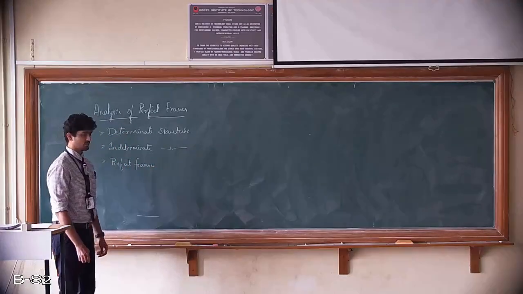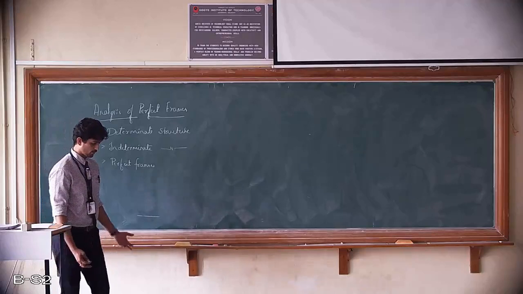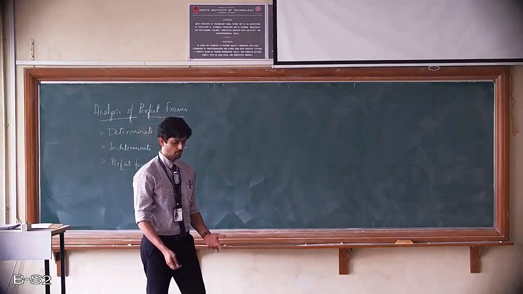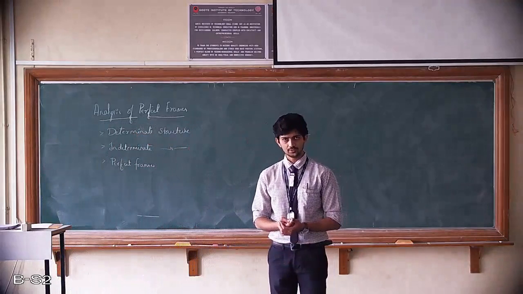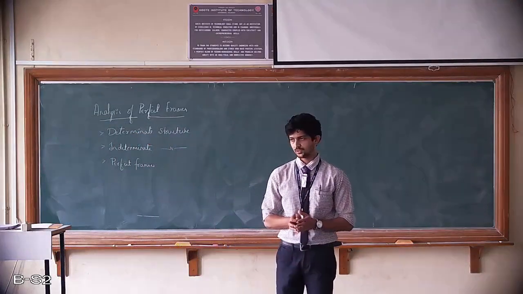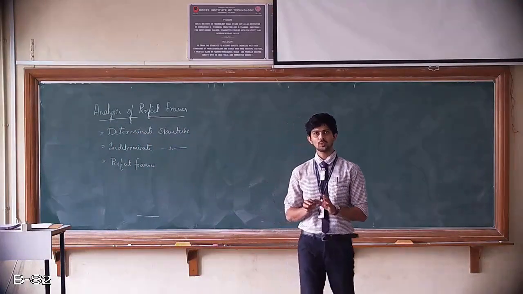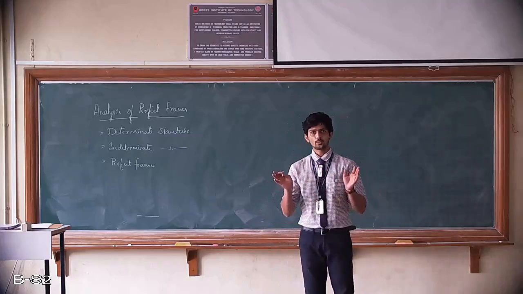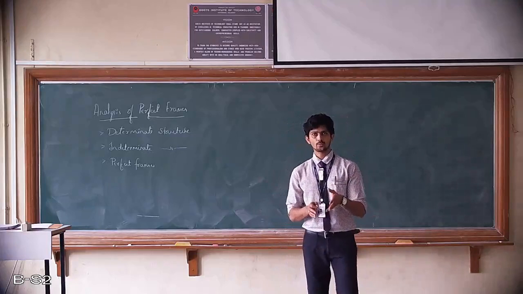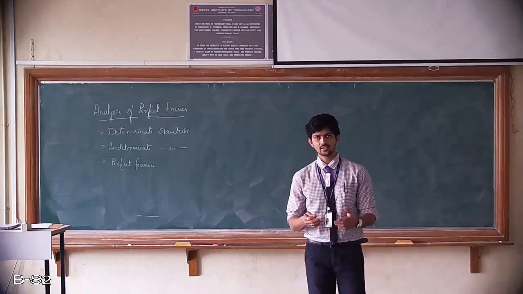So now what exactly is a determinate structure? A determinate structure is the one which can be resolved for all its internal and external loading, or internal and external forces acting on it, using the basic equilibrium equations. That is nothing but resolving the forces in the horizontal direction, resolving the forces in the vertical direction, and considering the moment.